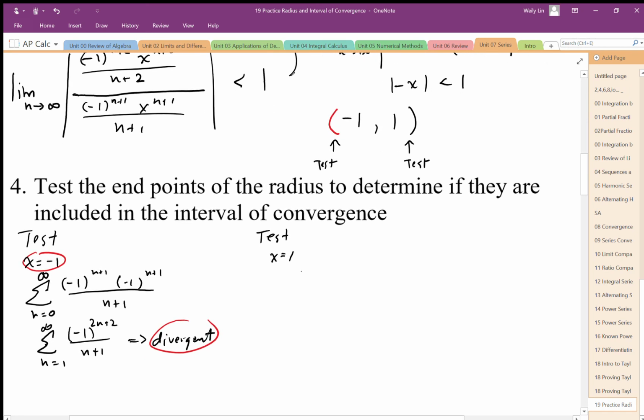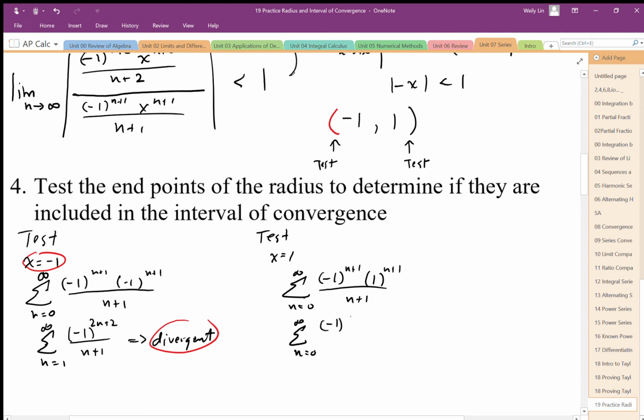Okay, so I'm going to plug that into my series formula, the sum from n equals 0 to infinity of (-1)^(n+1) times 1^(n+1) over n+1. Okay, so now in this case, that's just going to be 1. So the negative 1 is going to allow us to alternate.